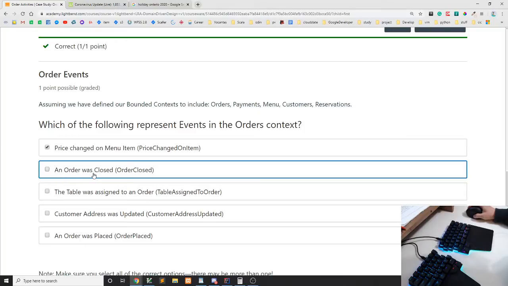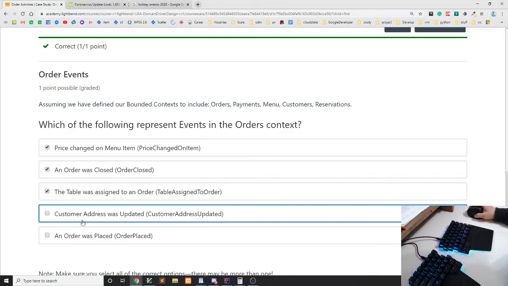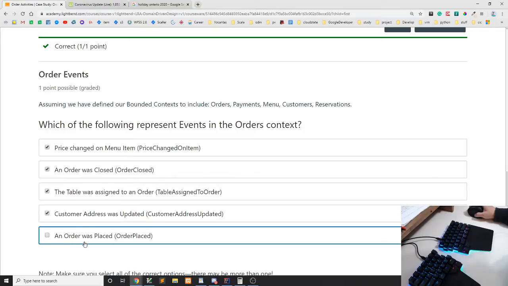An order was closed. Order closed. The table was assigned to an order. Table assigned to order. Customer address was updated. Customer address updated. Here. An order was placed. Order placed.